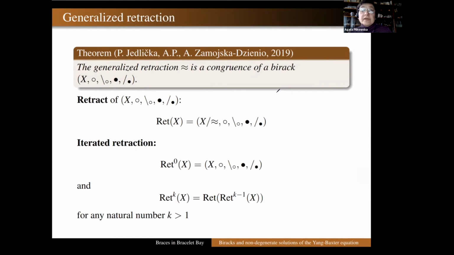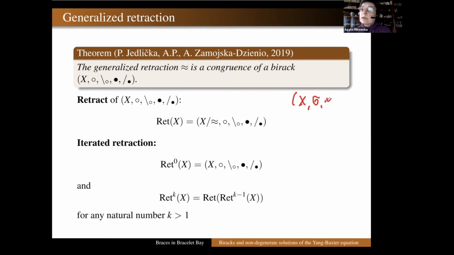The proof of this theorem is very technical and rather complicated, but this theorem directly shows that the retraction of any non-degenerate solution, not necessarily involutive or invertible, is well defined.